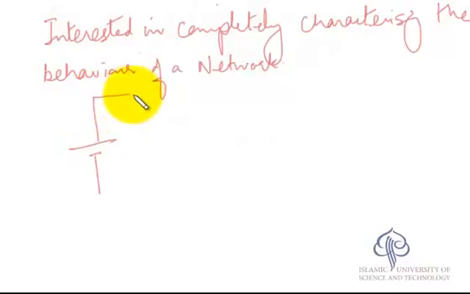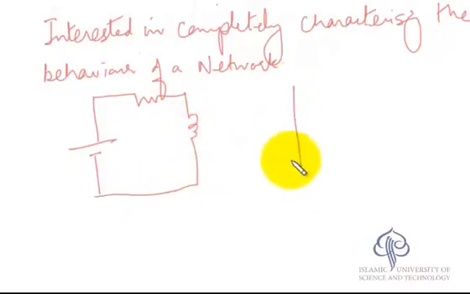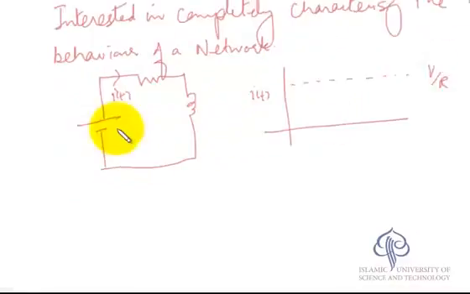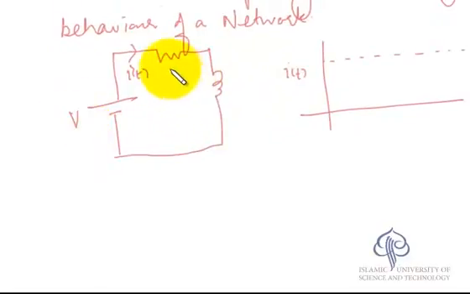This actually means that, for example, if you have a circuit, which we saw last time, with a resistor and an inductor, the current response of this circuit is going to be something like this. It's going to have a steady state value, which is V by R, wherein V is the voltage, R is the resistance, L is the inductance.